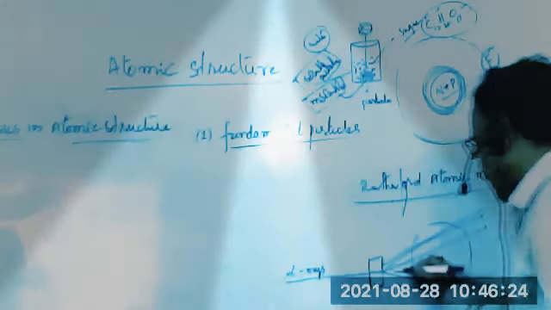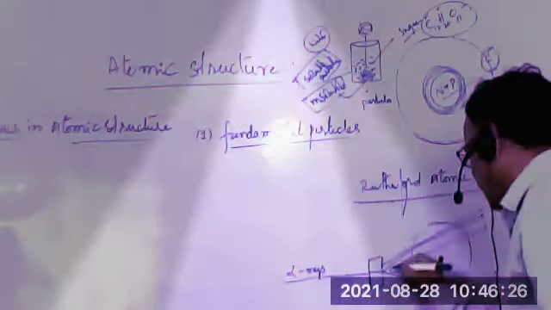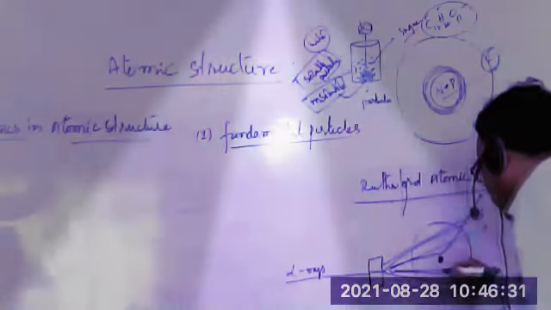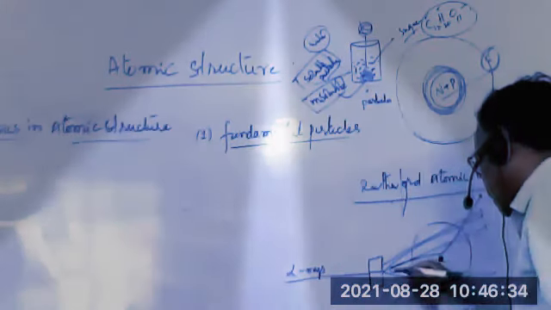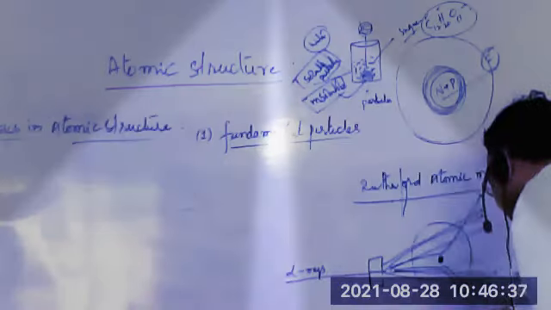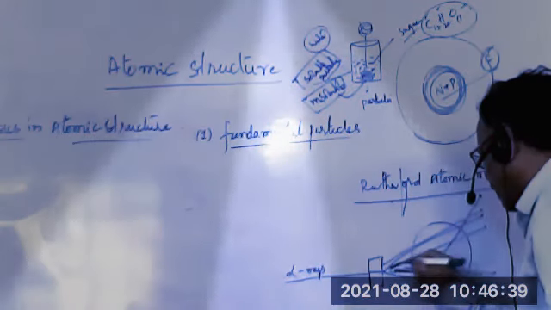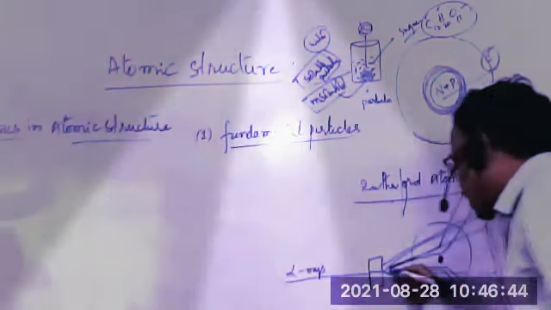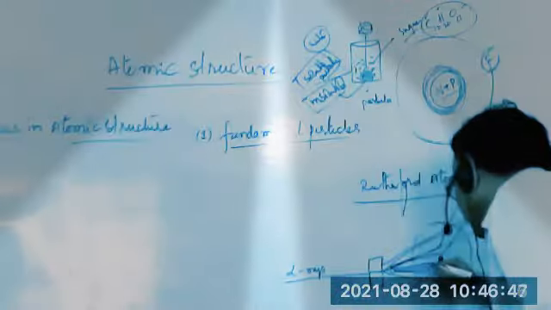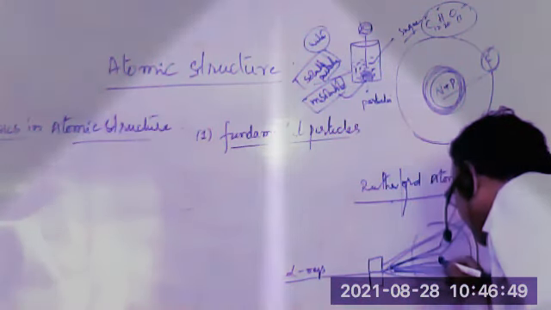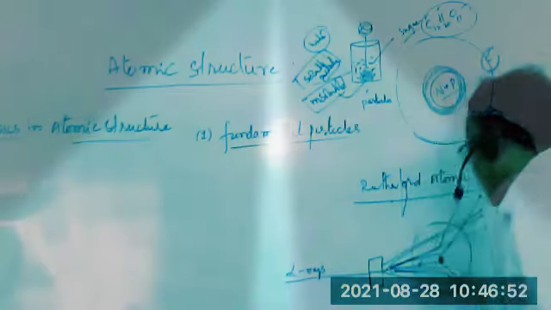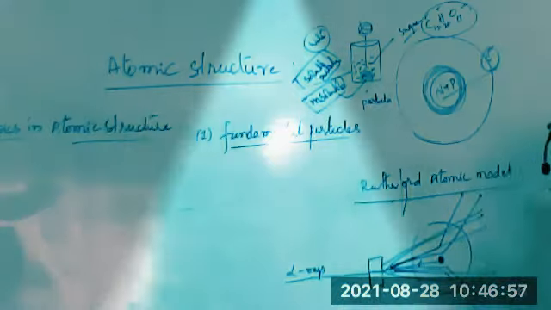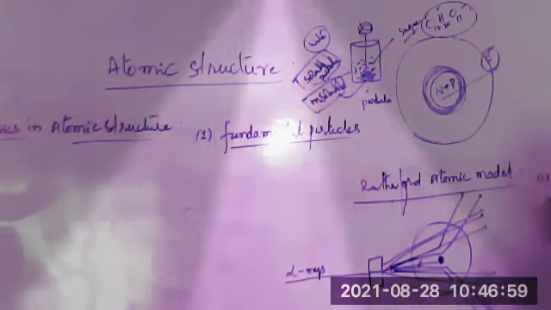Very few rays come close to the nucleus and are deflected. Very few rays come straight to the nucleus and go back. Only one ray. So we can observe three conditions.